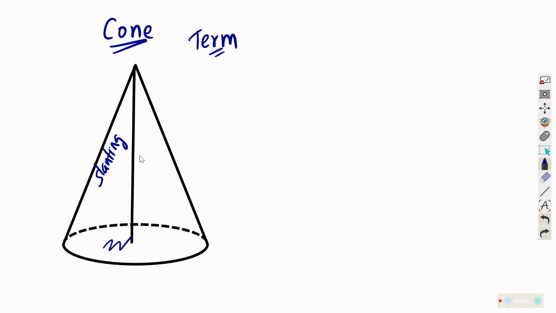This is the height. And this is slanting, which I wrote can be a slant height. For slant height we can simply use the term l over here. And as usual, this can be written as the radius of the base. I think it is not that tough.